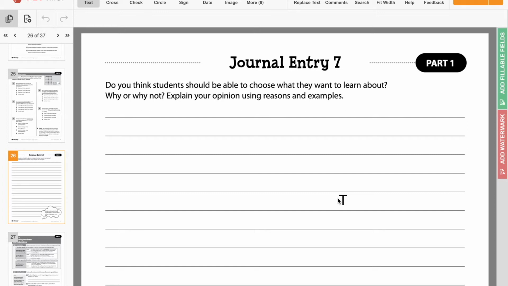Explain why you think that they should or why you think that they shouldn't, and then give your reasoning on why you believe that. You can't just say, oh yeah, they should be able to choose what they want to learn about because I said so. That's not a reason. So you need to give valid reasons on why you believe that. So that's 5 to 7 sentences.